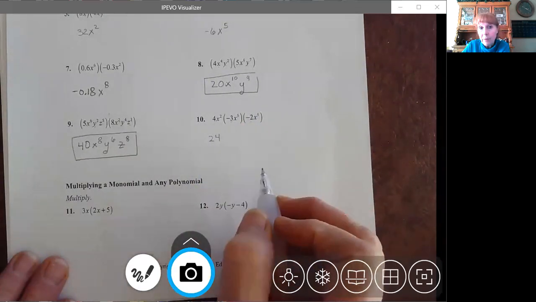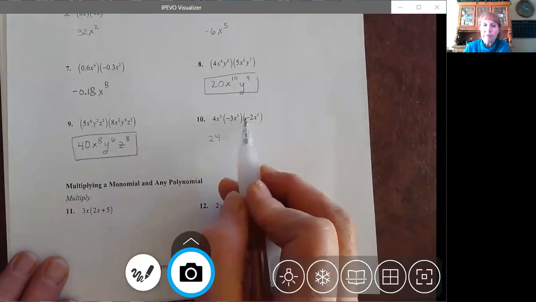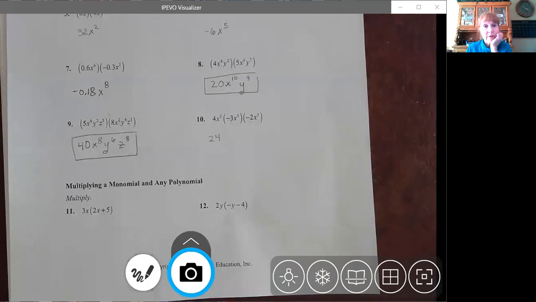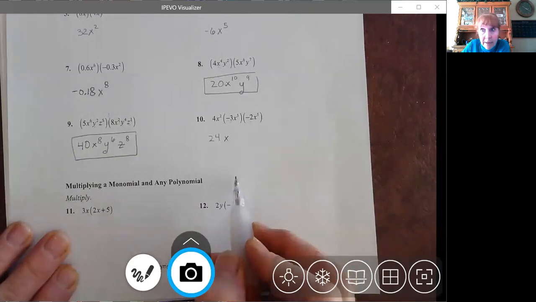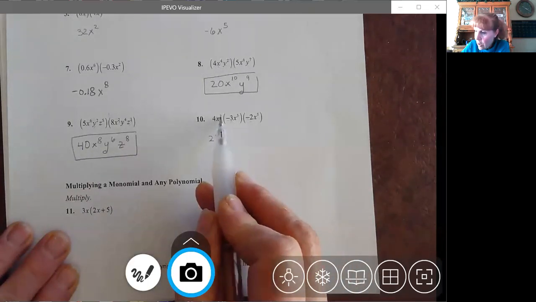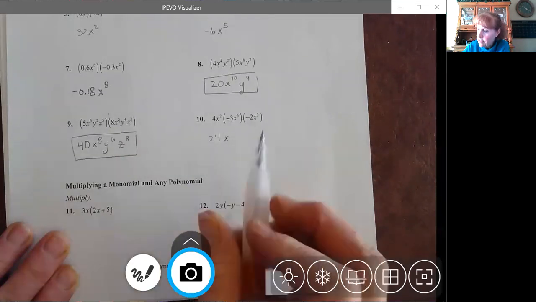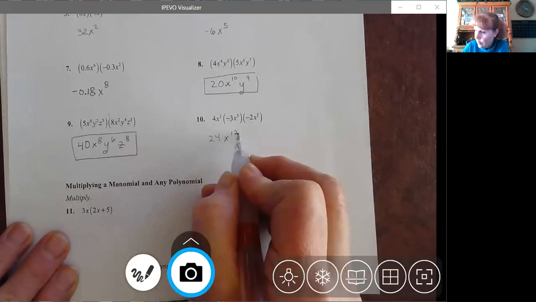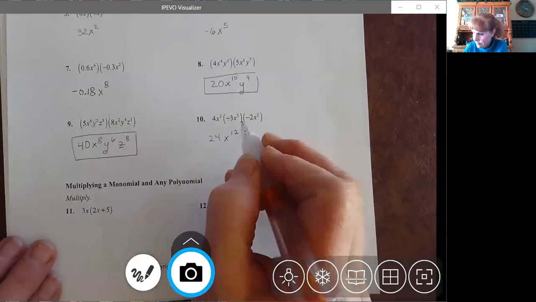I knew it was going to be positive because I have 2 negatives, which is an even number of negatives, which will be positive. X. Add the exponents. So we've got 2 plus 5 plus 5 gives us 12. When you add those exponents on the x, there's your answer.